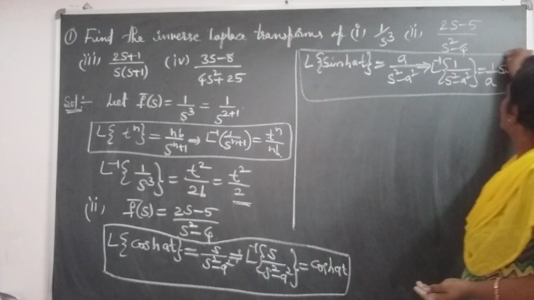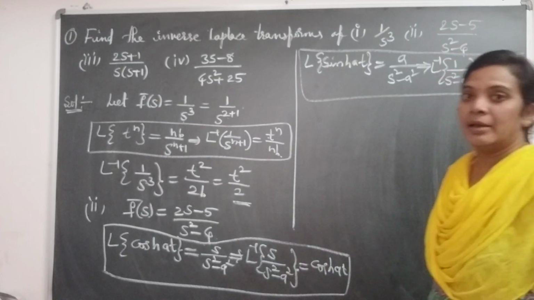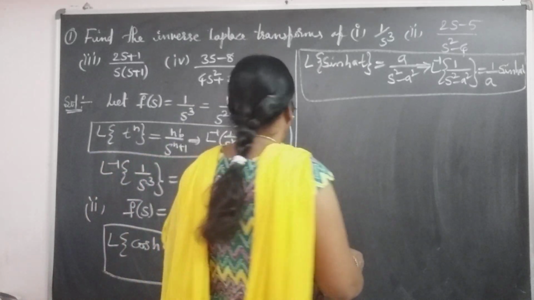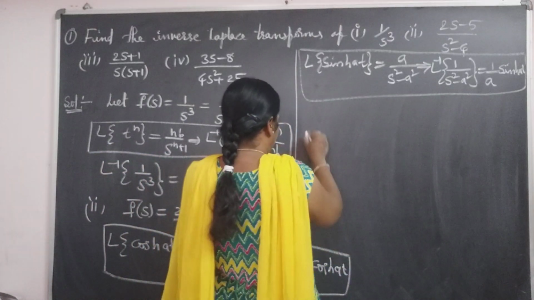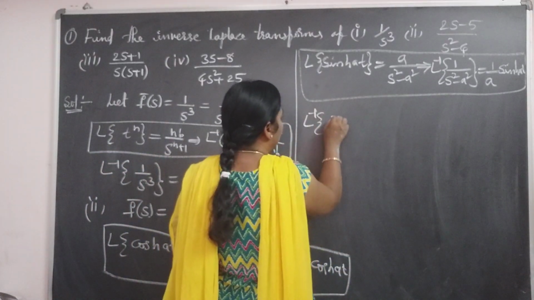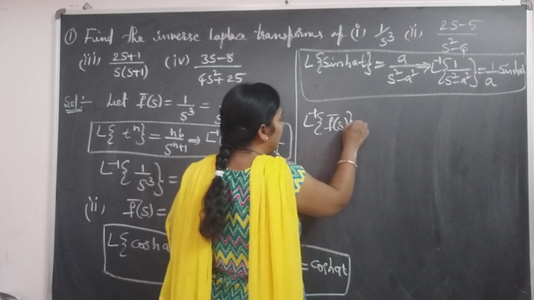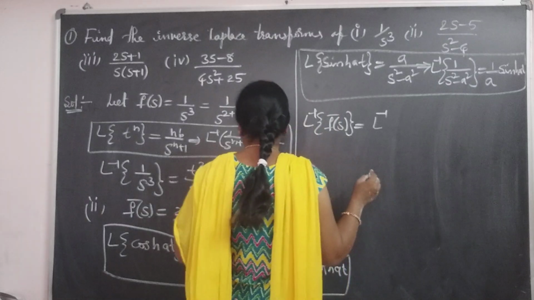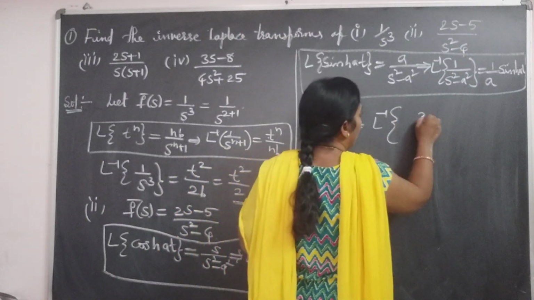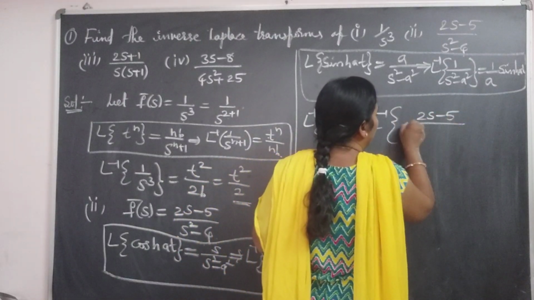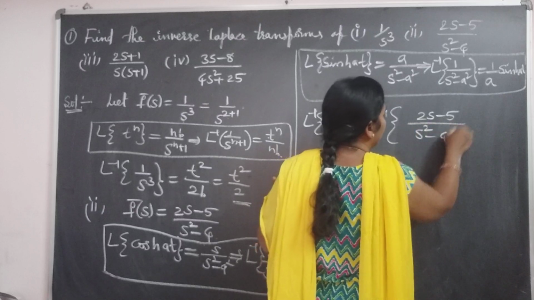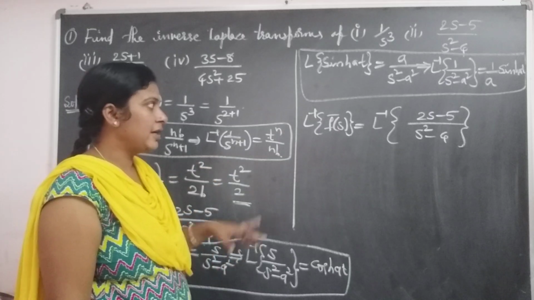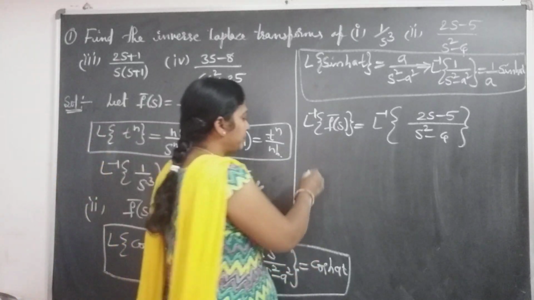By using these two relations, we can solve and simplify the second problem. That is, L inverse of f bar of s equals L inverse of 2s minus 5 by s square minus 4. By using the linearity property, write separately.